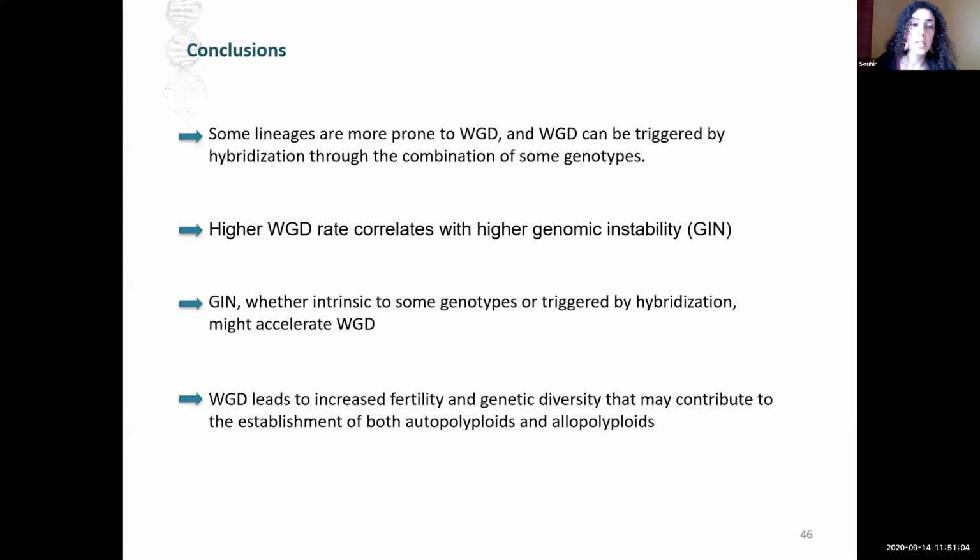So the genomic instability, whether intrinsic to some genotypes or triggered by hybridization, might accelerate whole genome duplication. And we also found that whole genome duplication leads to increased fertility and genetic diversity that may contribute to the establishment of both autopolyploids and allopolyploids.